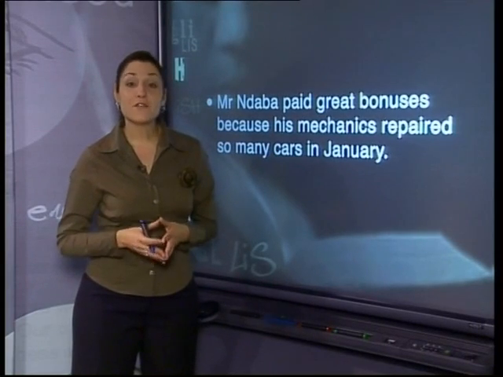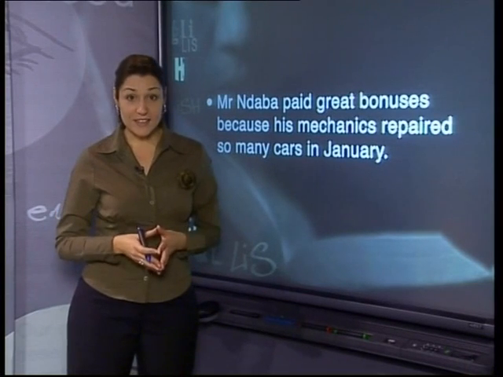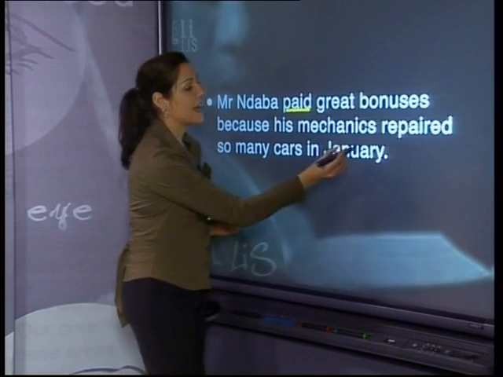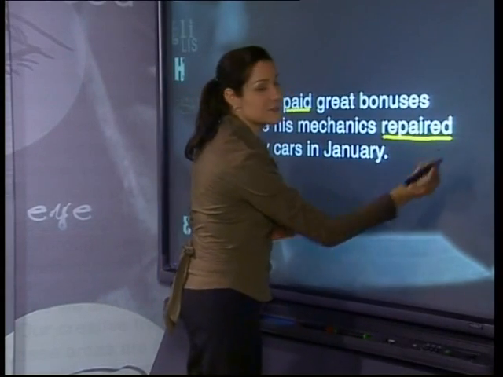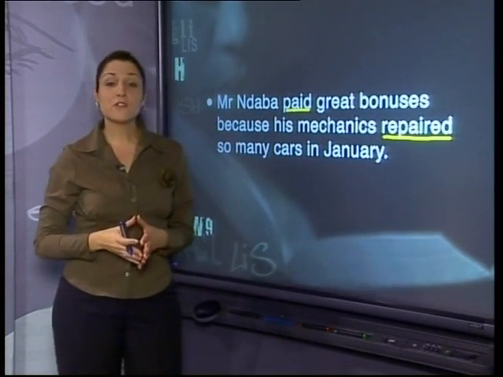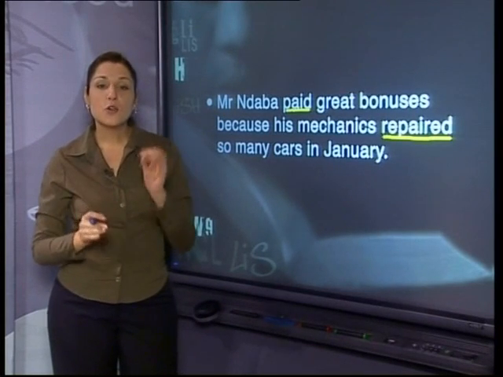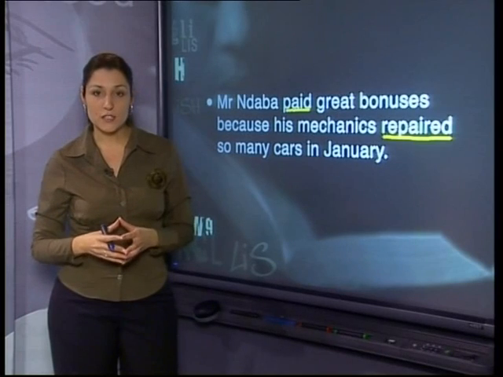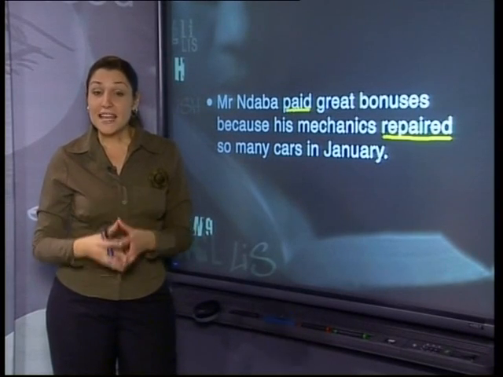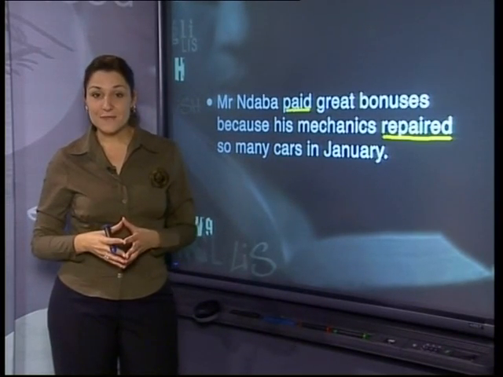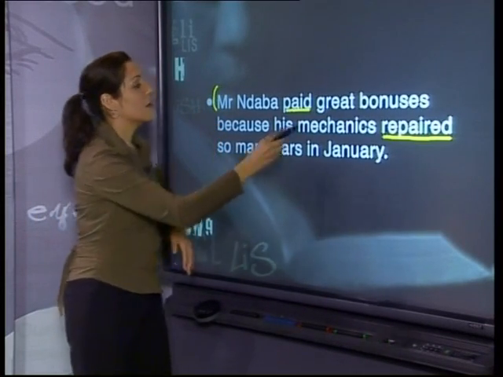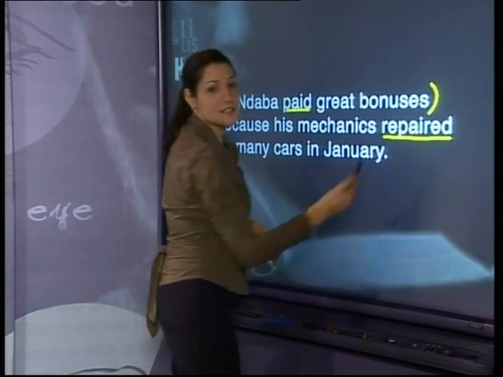Let's underline the finite verbs. What are they? You are quite correct. It's paid and repaired. Two finite verbs means that there are two clauses. Our next step is to identify the main clause, the one which can stand on its own and make sense. The main clause is Mr. Ndaba paid great bonuses.